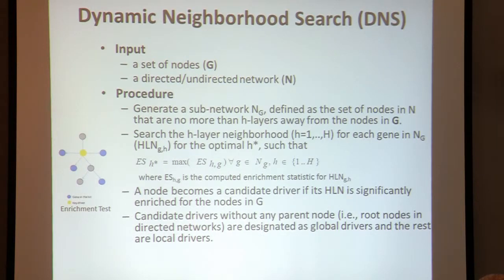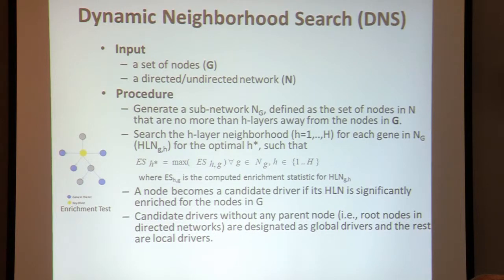So we keep getting the statistics from every layer neighborhood, and then find the best layer whose neighborhood is most enriched for the input gene list. I hope this is clear. It's a very simple concept. You just dynamically search all possible neighborhoods and figure out which neighborhood is the most informative.